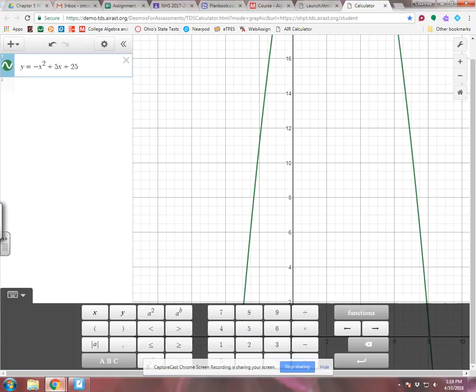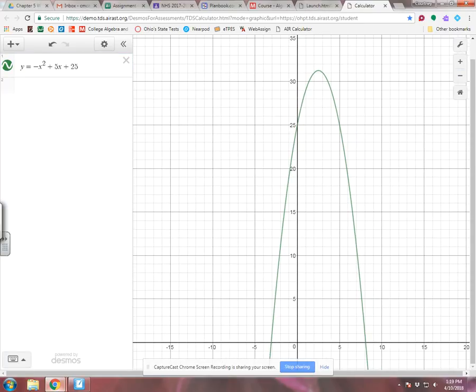You can either put it in Desmos, and then you can tell me what the axis of symmetry is, or we can calculate it. Which one would you like to do? Go for it. X squared plus 4x minus 12. Was it plus 12 or minus 12?